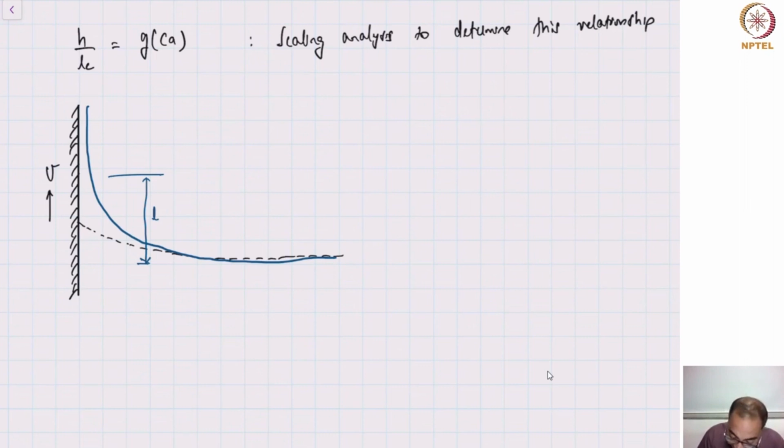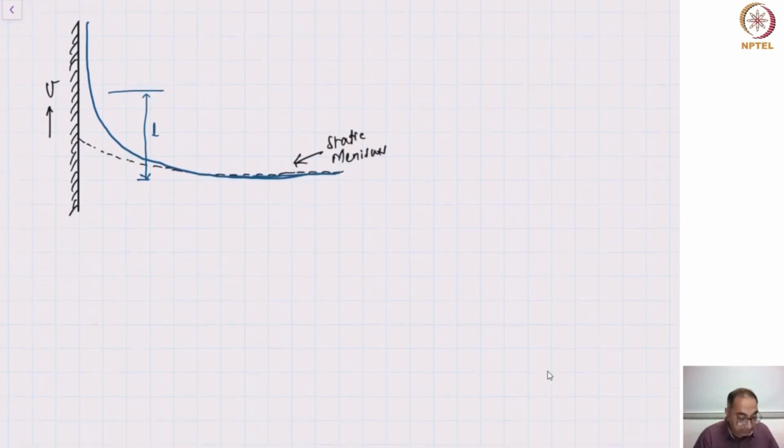But far away, the static meniscus and the dynamic meniscus would match, and you obtain the static meniscus.